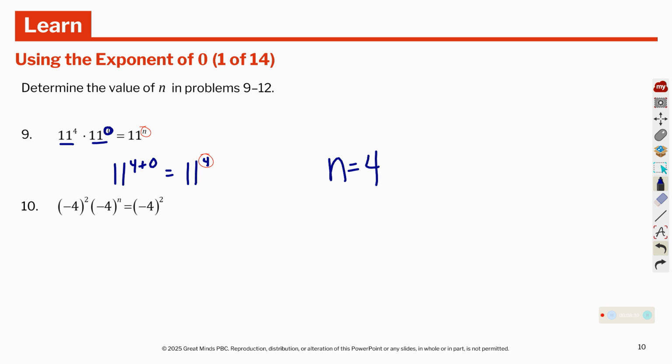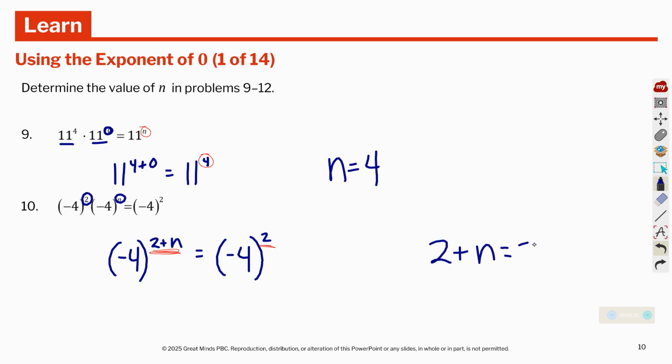In this problem, negative 4, we have 2 plus n has to equal negative 4 to the second power. So here, if 2 plus n equals 2, n has to equal 0.